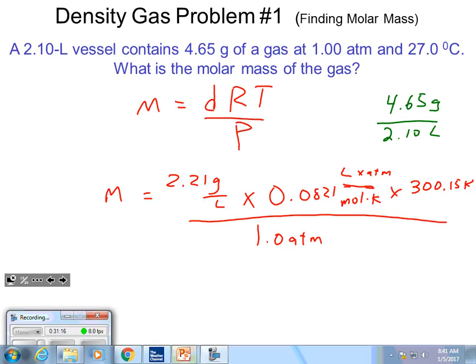So let's go through and look. When I do my cancellations, I have a liter here and a liter here to cancel. I have atmospheres canceling. I have kelvins canceling. So what's my final label going to be?